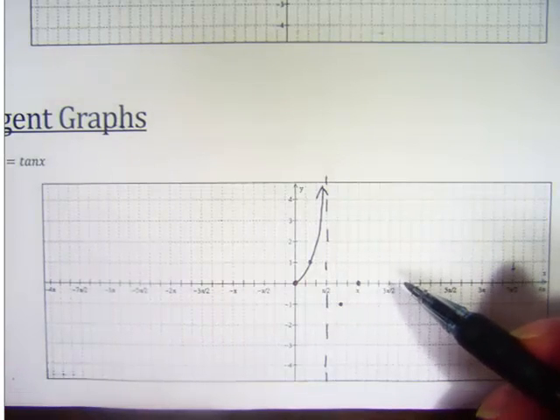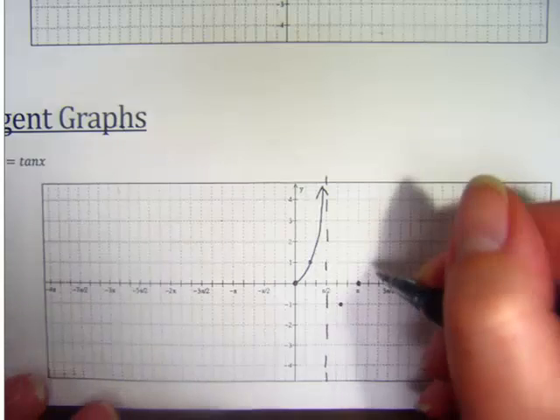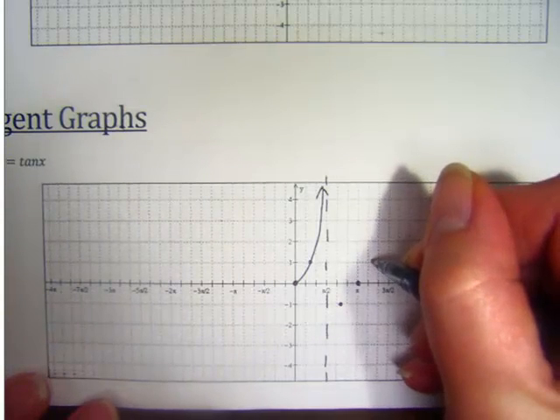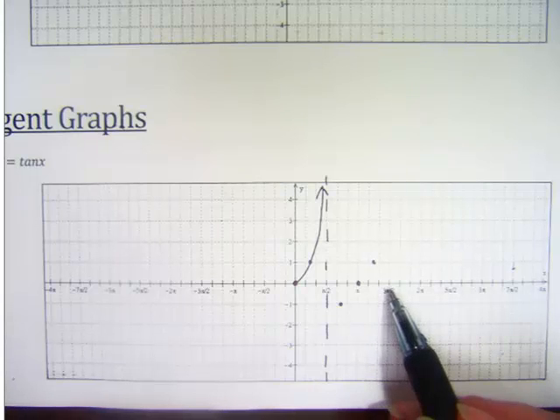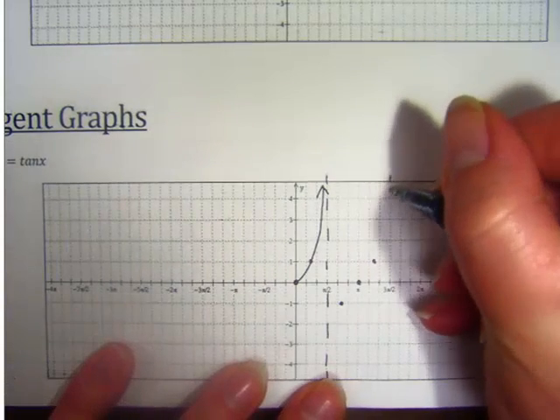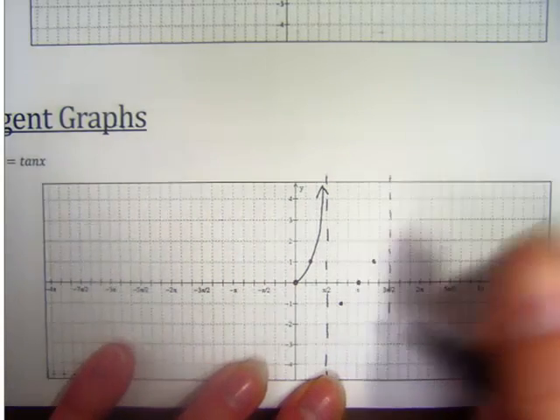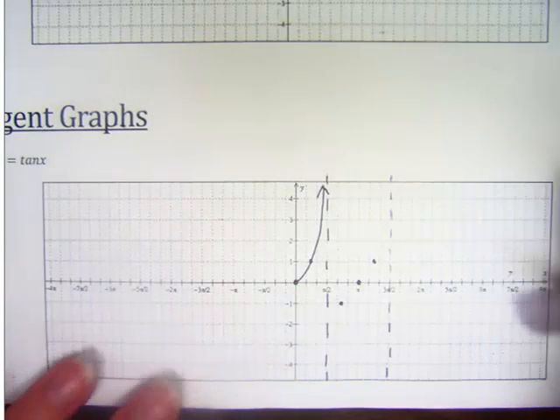And then not nice again at 7 pi over 6, at 5 pi over 4, I'm back up to 1. And then I get back around to 3 pi over 2, and I get -1 over 0, which is undefined. Therefore, I have a vertical asymptote.